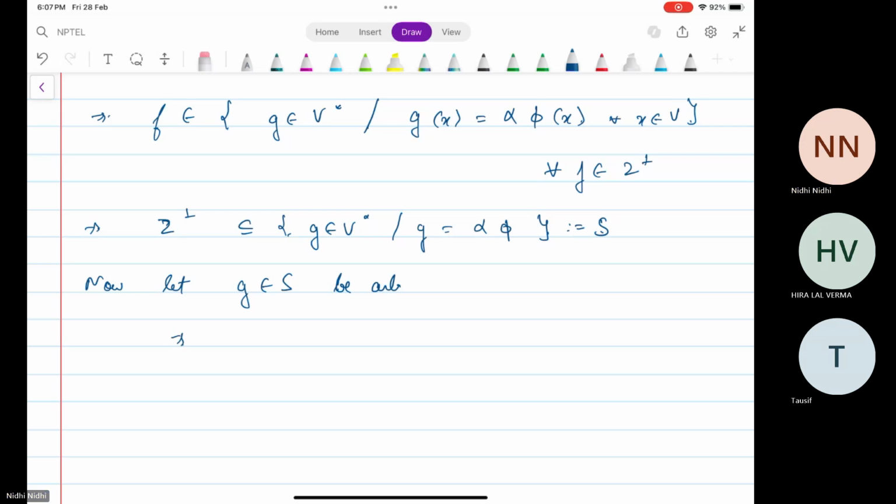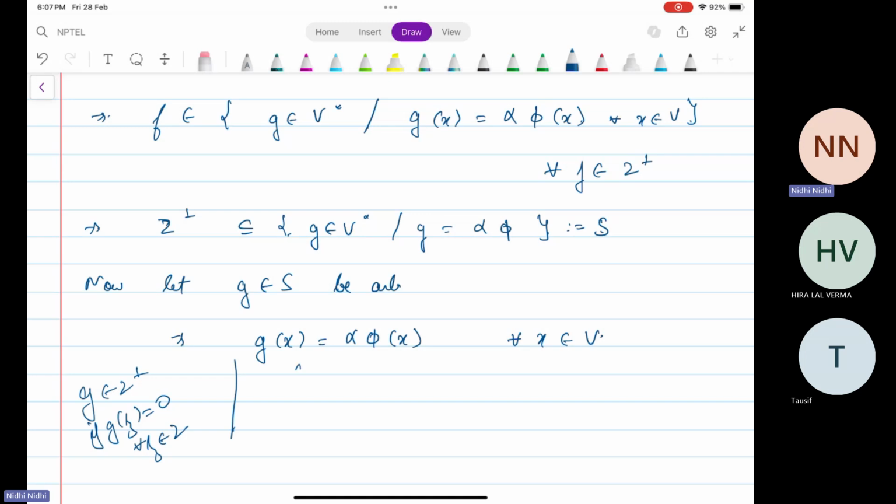Then G of x is equal to alpha phi of x for every x in V. This G will belong to Z perp if G of z is equal to 0 for every z in Z. Now G of z is equal to alpha phi z, which is equal to 0 for every z belonging to Z because it is the null space of phi.